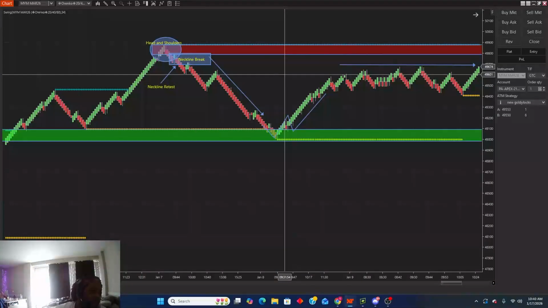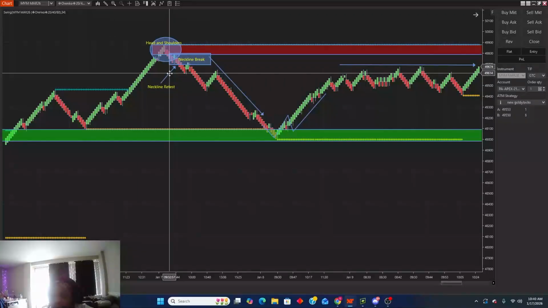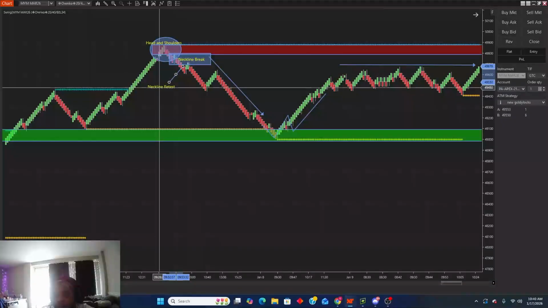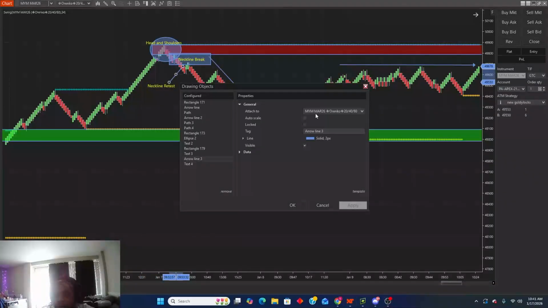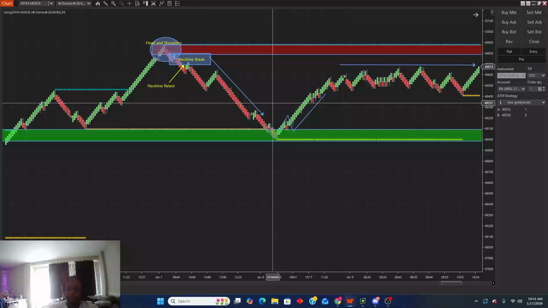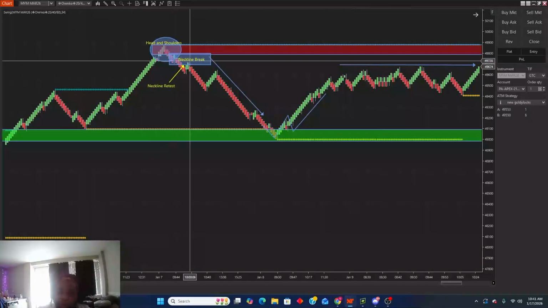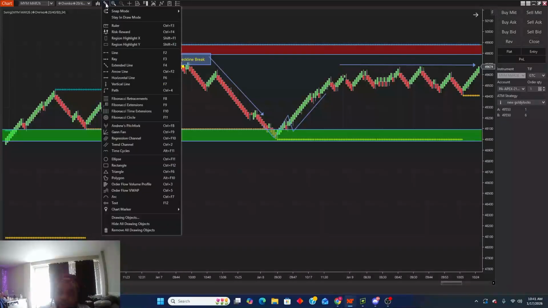Let's change this line to a yellow line. Okay, so with this STC pattern, let me break it down to you. You have your head and shoulders right here. You have your left shoulder, your right shoulder, your neckline. Neckline break. Entry point 1.